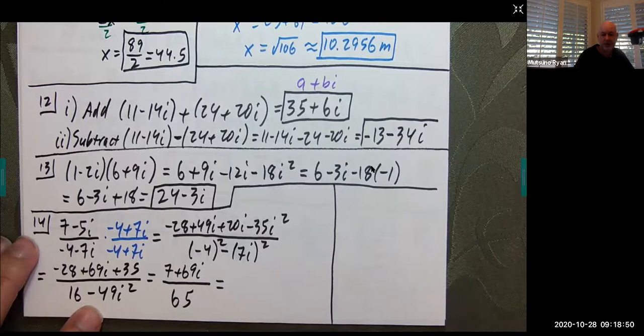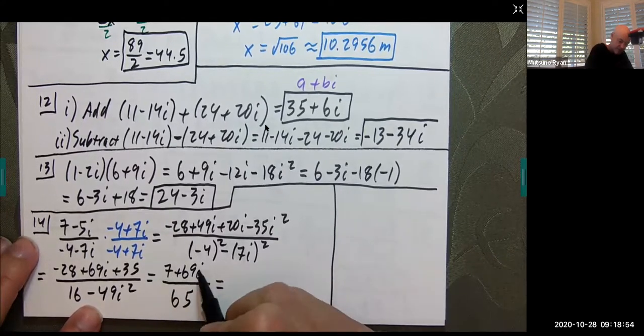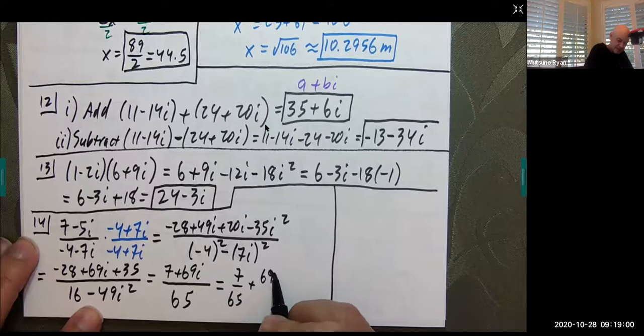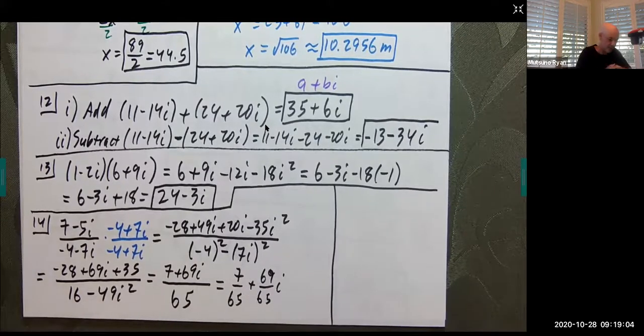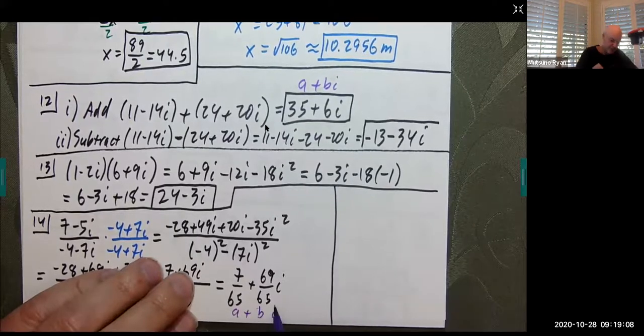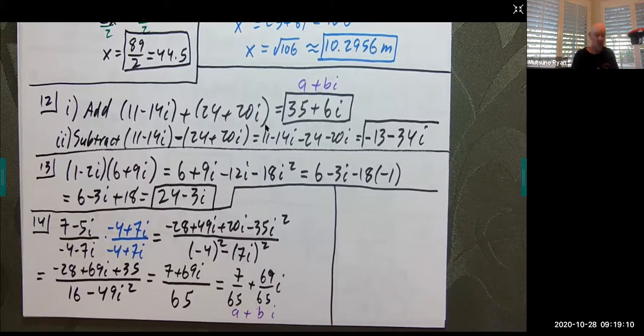And if I want to write this in standard form, which I do, I'm going to break this up. 7 over 65 plus 69 over 65i. Once again, that is our a plus bi, which is our standard form.